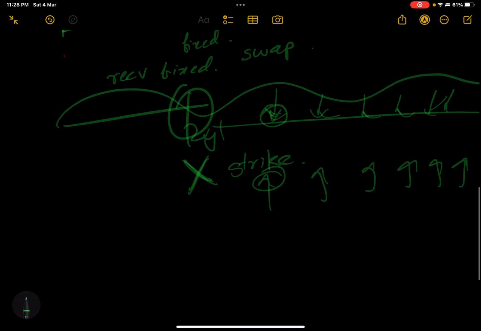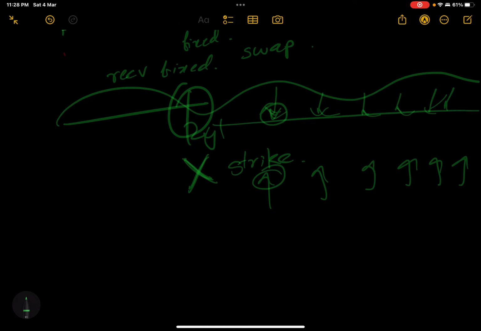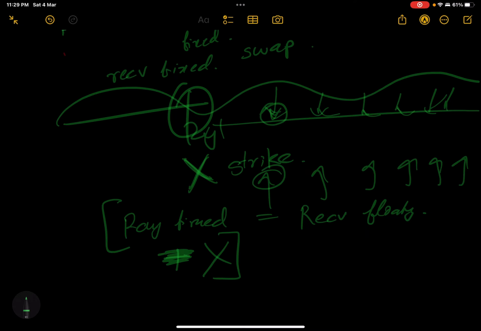So, if I think of the swap as made up of me paying fixed, and on the other side receiving floating, and I have this option X, this option should technically be minus because I have this free option.